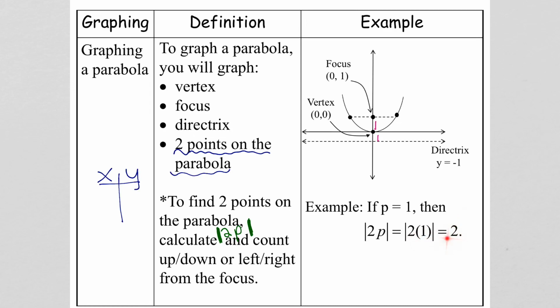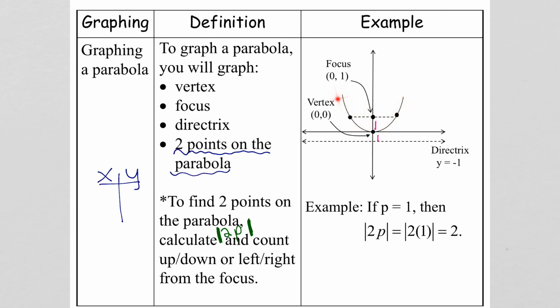Now what do I do with this 2? What do I do when I calculate the absolute value of 2p? Well, I'm going to take that number, start at the focus, and count to the right 2 units and plot the point, and then count from the focus to the left 2 units and plot that point.